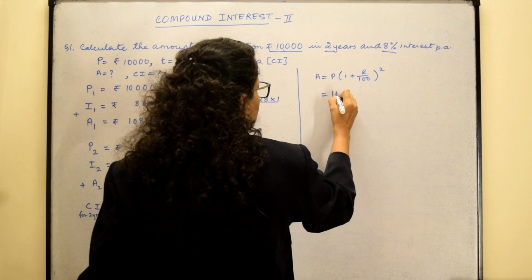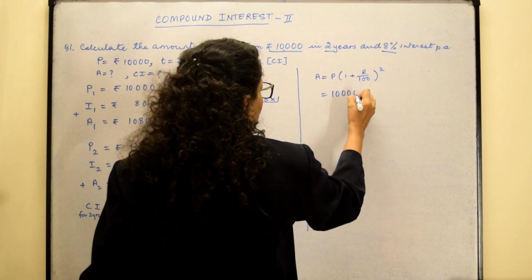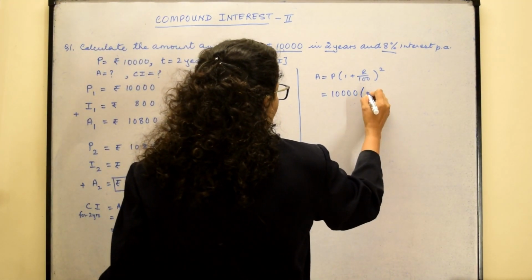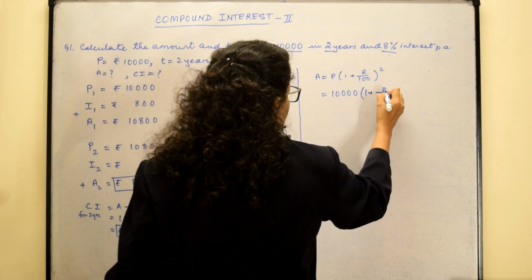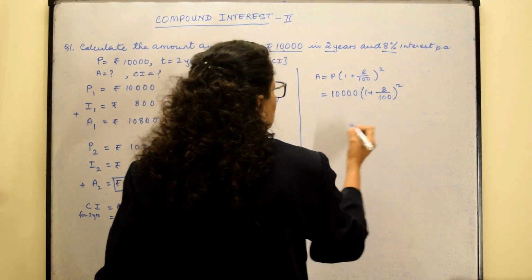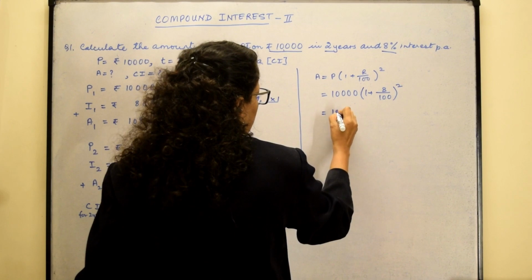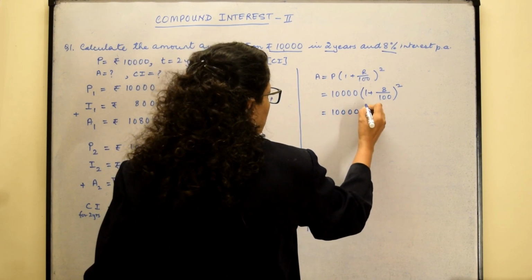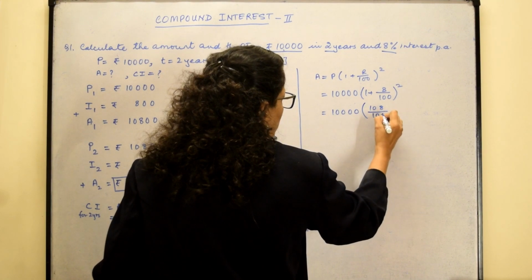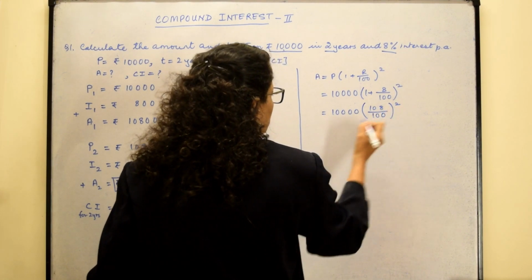In that case, principal becomes 10,000 as it is given here, into bracket 1 plus R, that is 8 upon 100 to the power 2. In the next step, it becomes 108 upon 100 to the power 2.